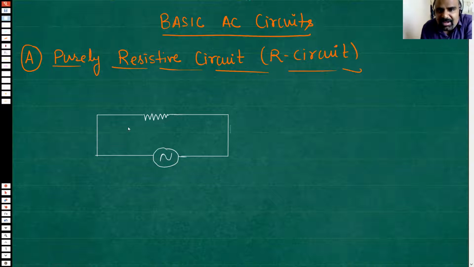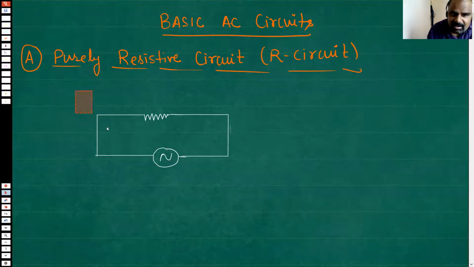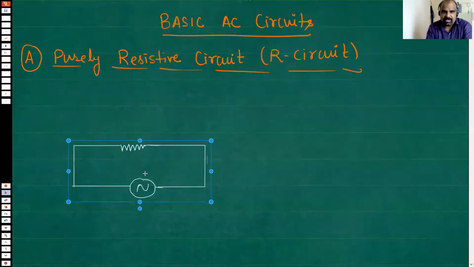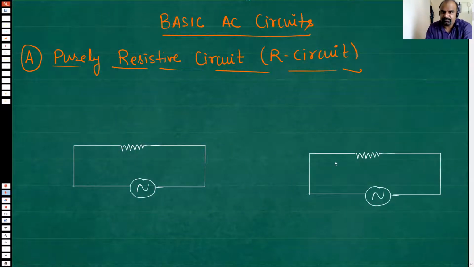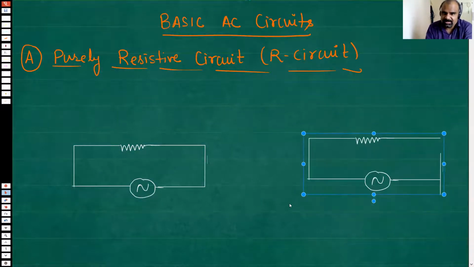Now, there are two types of diagrams that are normally drawn in AC chapter. One diagram is drawn for instantaneous values, and one diagram is drawn for RMS values.